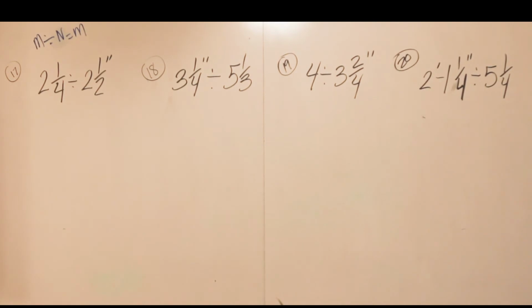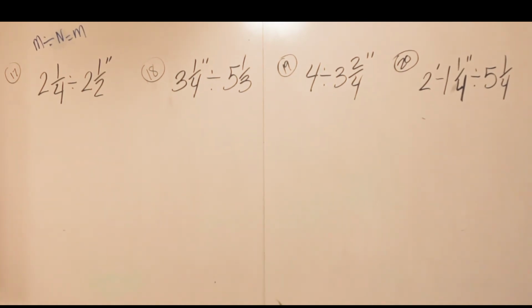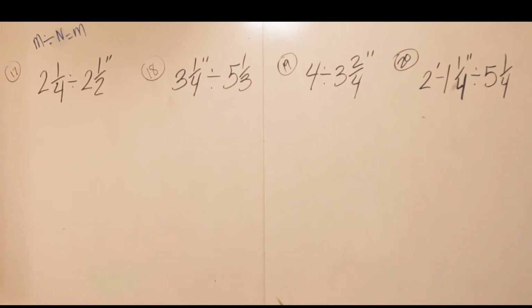Alright, for these next four, 17 through 20, we will be working out a measurement divided by a number. A measurement divided by a number will give you a measurement, or a number divided by a measurement will give you a measurement. So you've got to be paying attention to these.